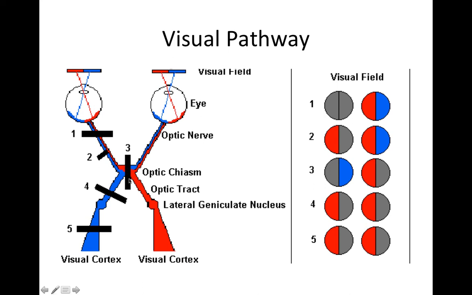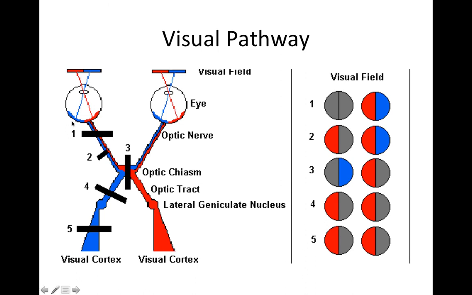Once it gets to the optic chiasm, it is going to go to the contralateral optic tract and the contralateral visual cortex. So one more time, the medial aspect of the eye sees the lateral visual field. It runs on the ipsilateral optic nerve, it crosses over at the optic chiasm, and goes to the contralateral optic tract and optic cortex.